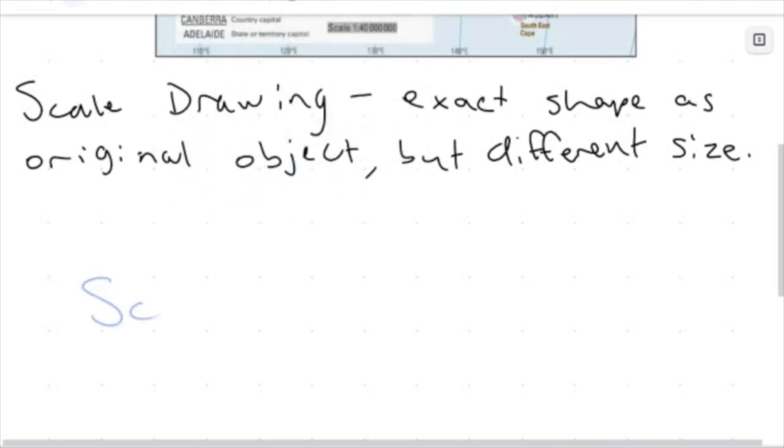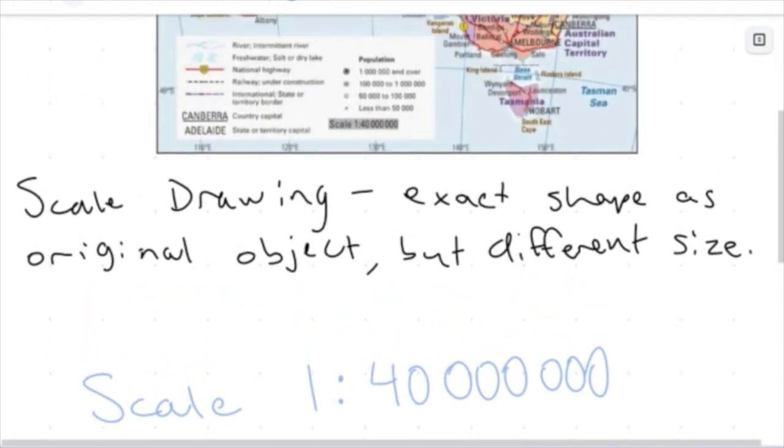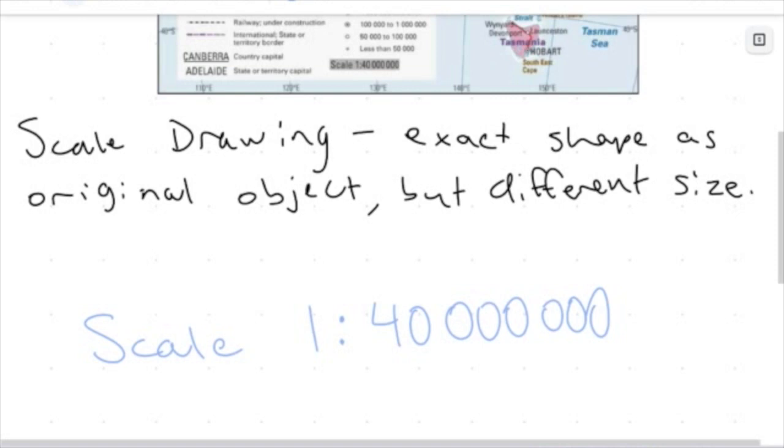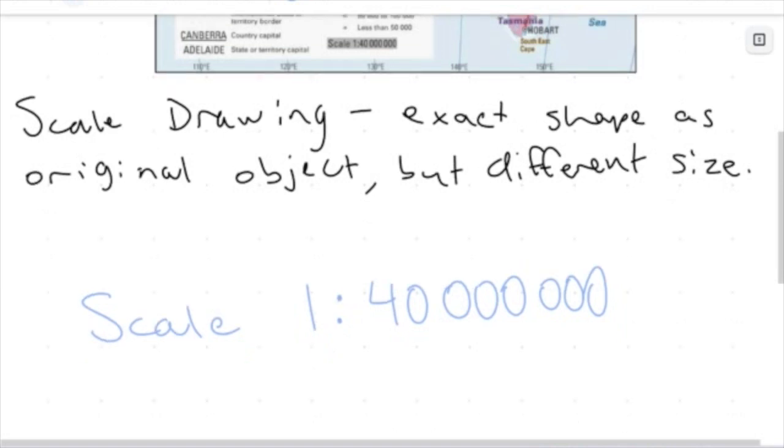If I have a scale ratio of 1 to 40 million, this is a really big number. This means that the real length of the thing I'm measuring, for example some part of Australia on this map, is 40 million times more than the length measured on the diagram.